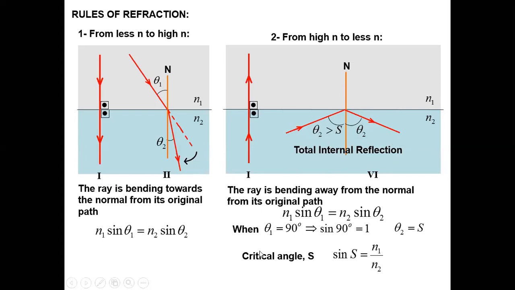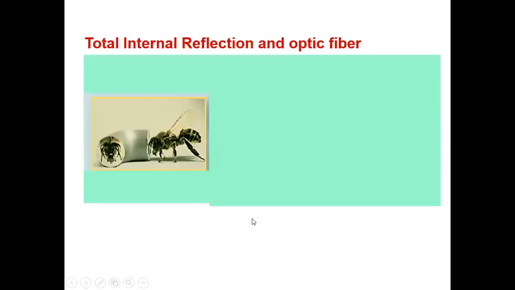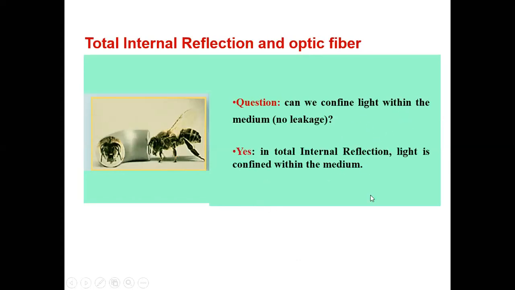So we call this total internal reflection. Okay, so total internal reflection, how can we apply this? Can we confine light within the medium? Yes, we can. In total internal reflection, light is confined within the medium, as you see over here.